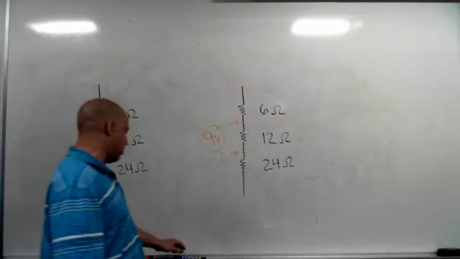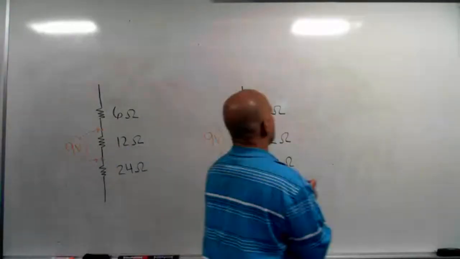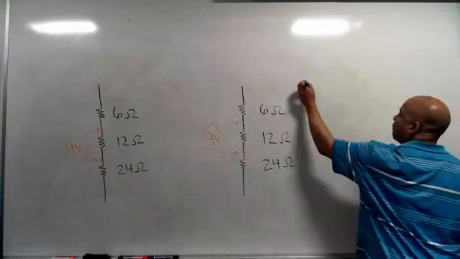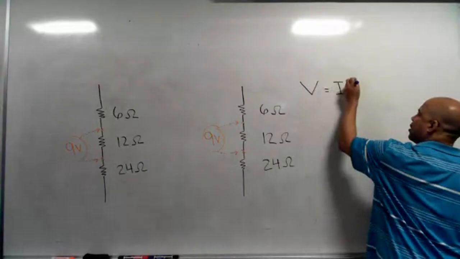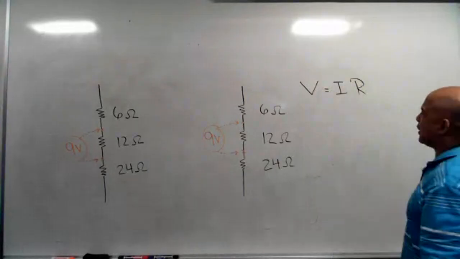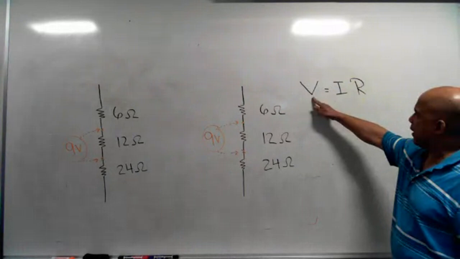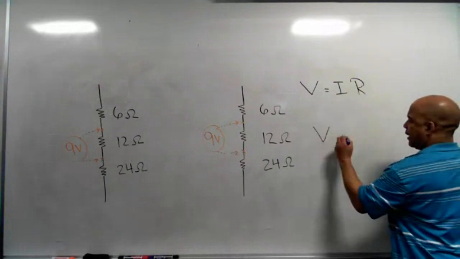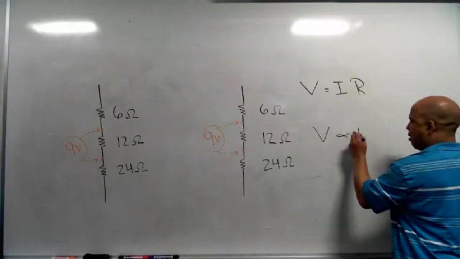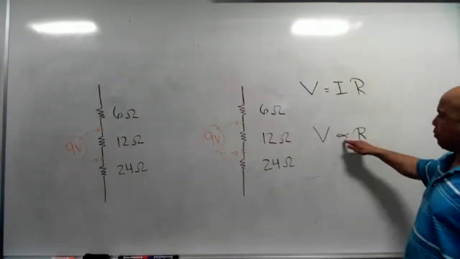Now remember what we said about Ohm's law, V equals I times R, and I'm going to look at the relationship between V and R. So I say that V, and I use this symbol right here, we call this the sign of proportionality.